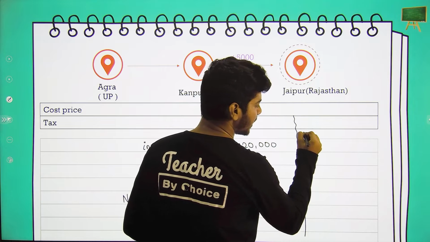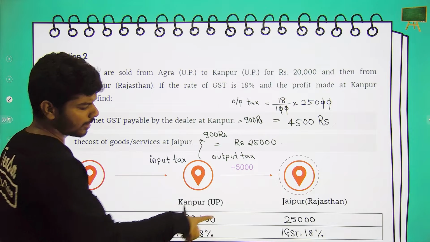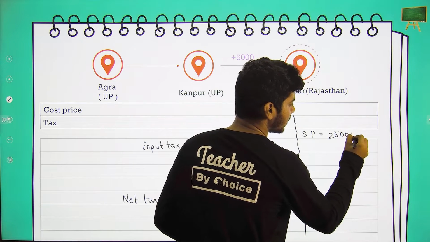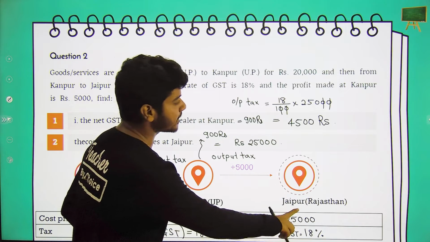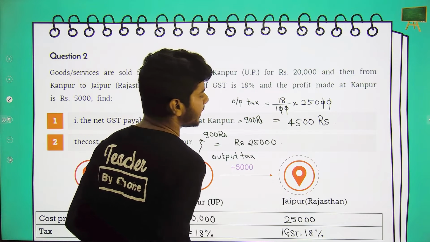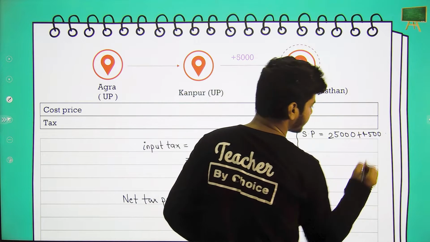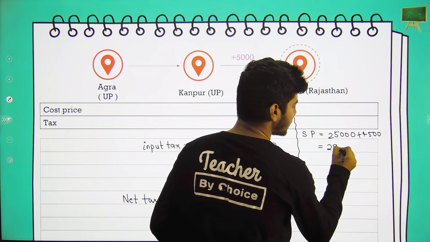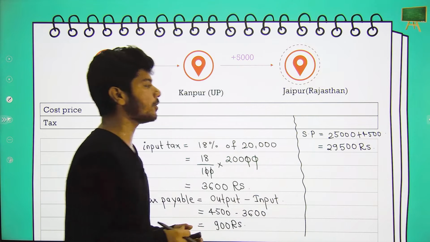Selling price will be equal to 25,000 plus the tax at Jaipur, 18% of 25,000, which we have calculated as 4,500. So this would be equal to 29,500 rupees. So this is your final answer.